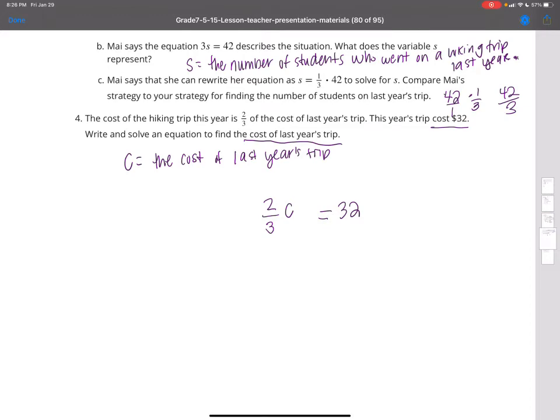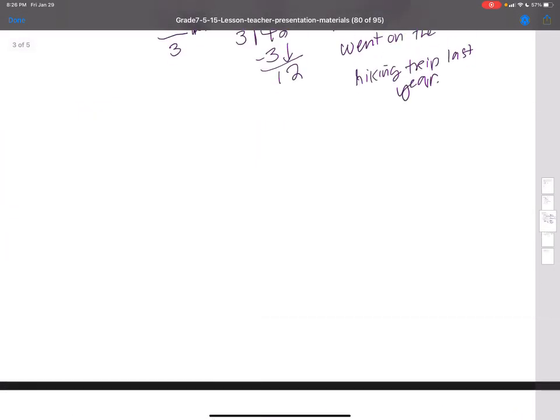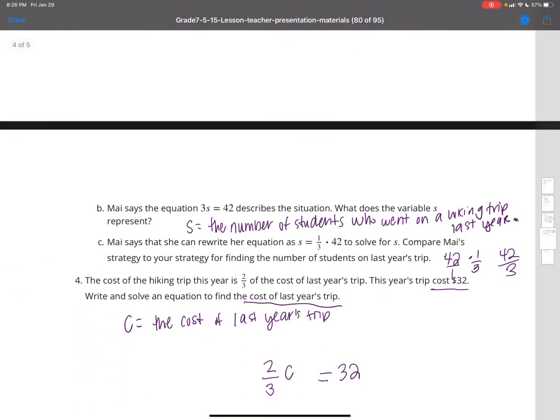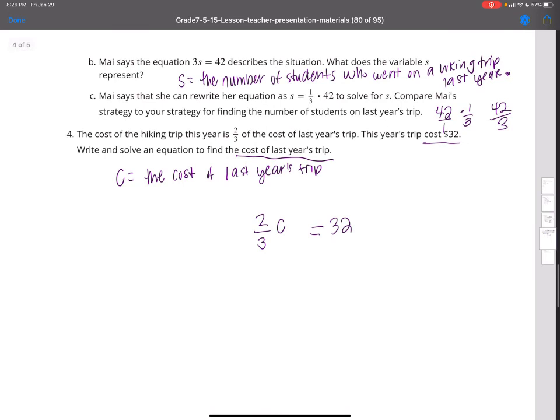Okay? Now, in our first problem, in question 3, we dealt with a whole number. We dealt with 3s. Well, this one we're dealing with a fraction as a coefficient, which is the number that stands in front of the variable. Now, we multiply by the reciprocal, and that's the same thing we want to do in this situation.